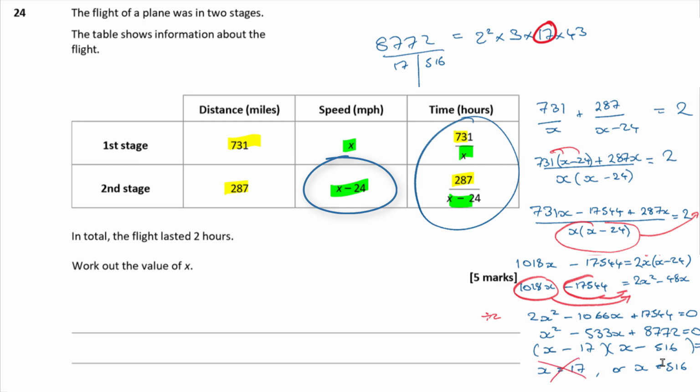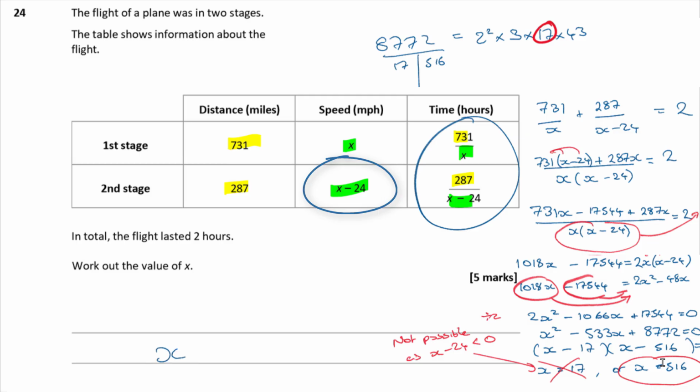So I don't think this one is a possible solution. I'm going to say not possible, as x minus 24 is less than 0. Okay, so that's not a possible solution. So the only solution is that one, x is 516.